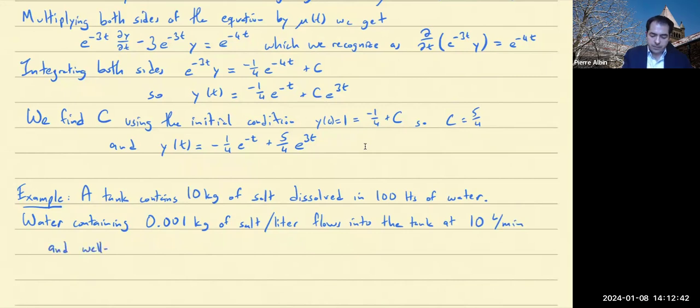And well-mixed water flows out at also 10 liters per minute. Right? So the total amount of water in the tank is staying the same because we have water flowing out at the same rate that's flowing in.